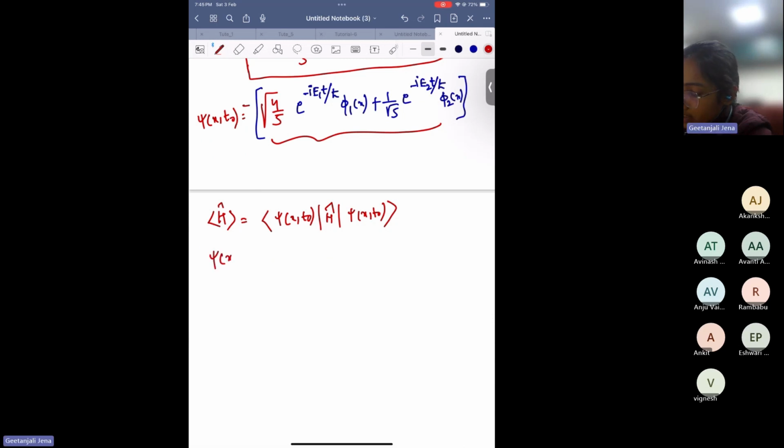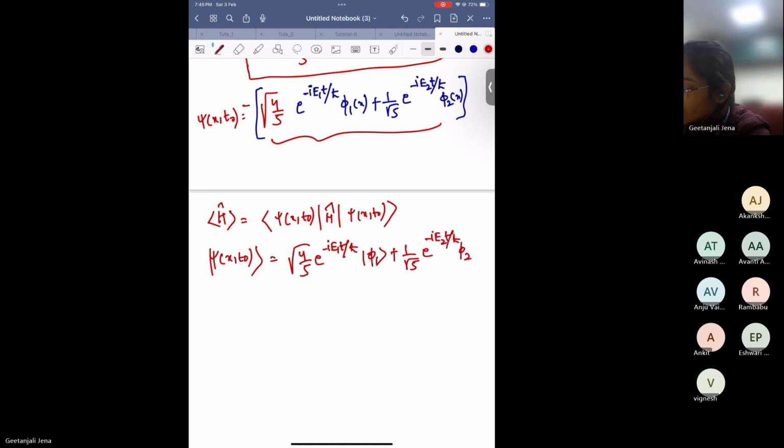You can write psi of x,t in terms of the ket vector, which is root over 4 by 5 e to the power minus i E1 t by h cut phi 1 plus 1 by root over 5 e to the power minus i E2 t by h cut phi 2.